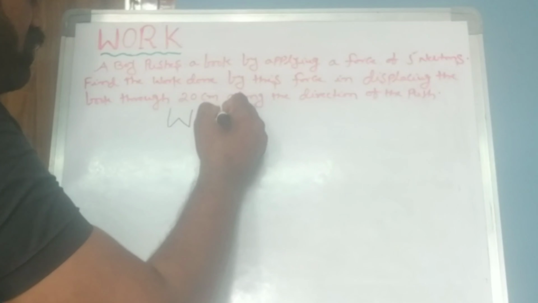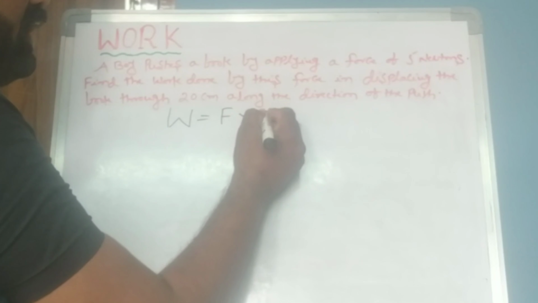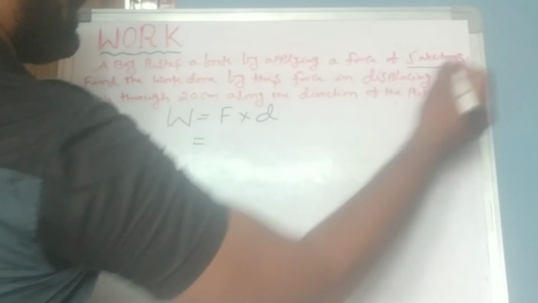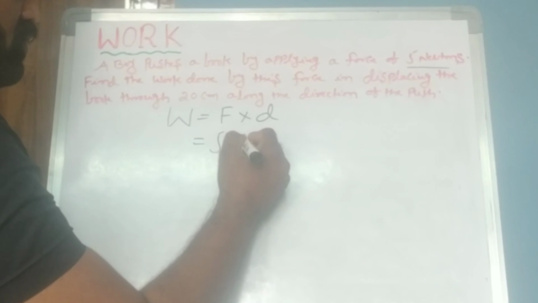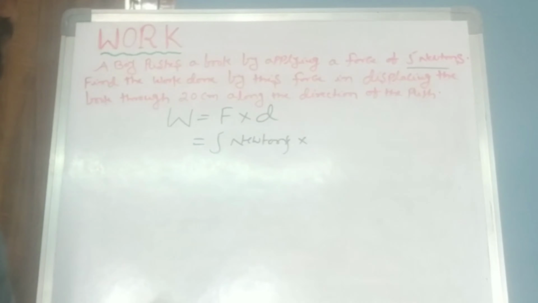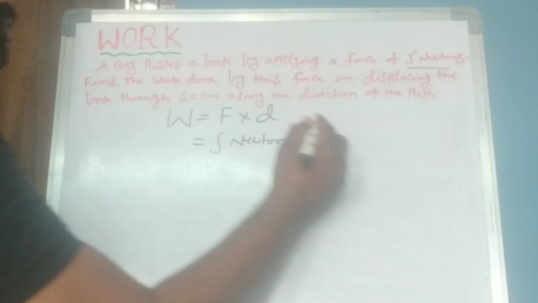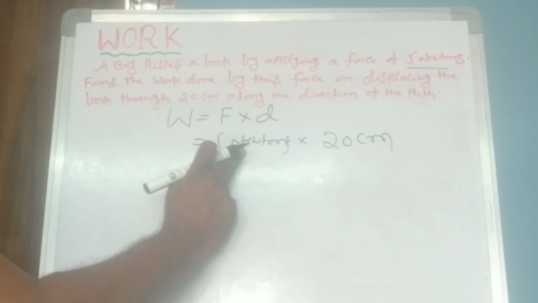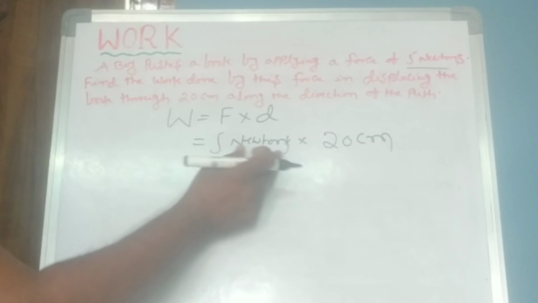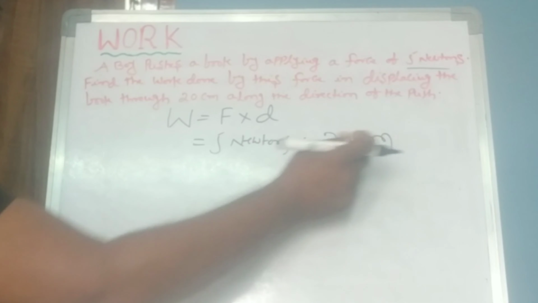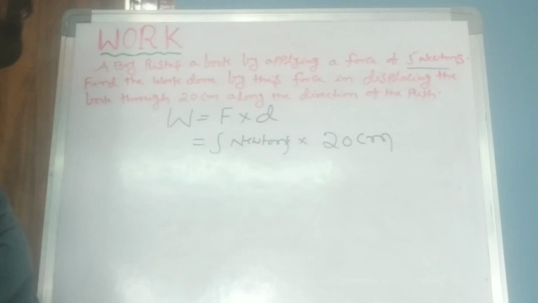Work equals F into D or S. Here force is given, that is 5 newtons, and displacement is given, that is 20 centimeters. Here the force unit is given in SI system, that is Newton, but displacement is given in CGS unit. Now it is changed into MKS unit.